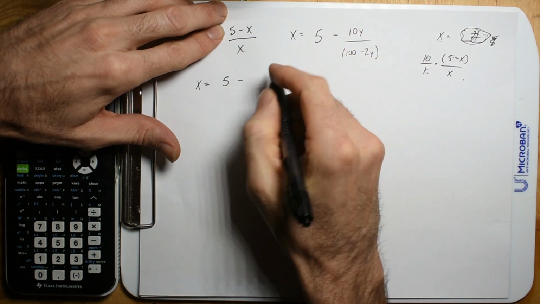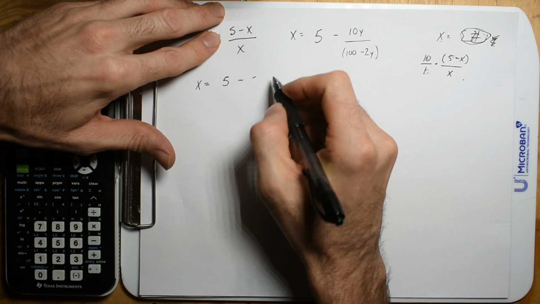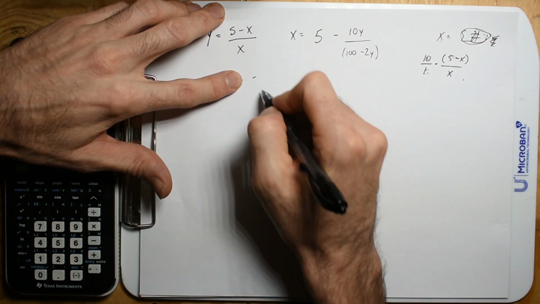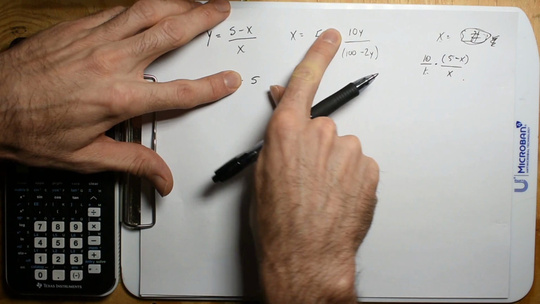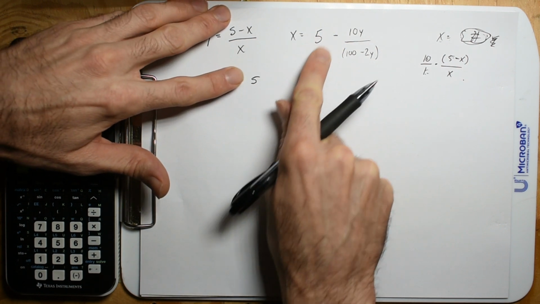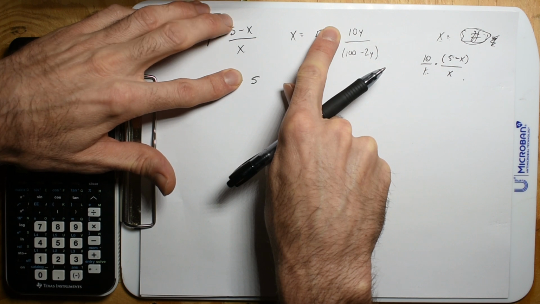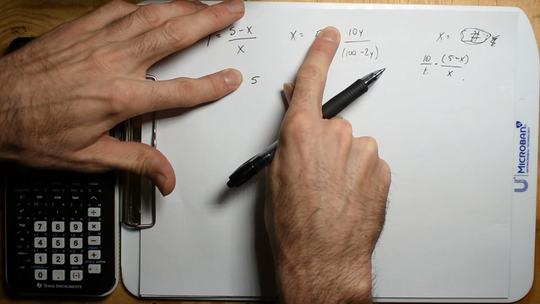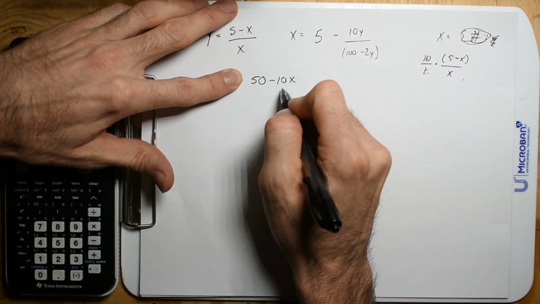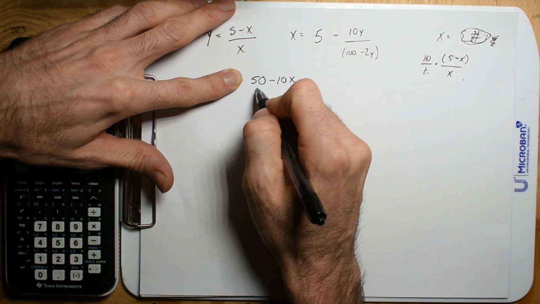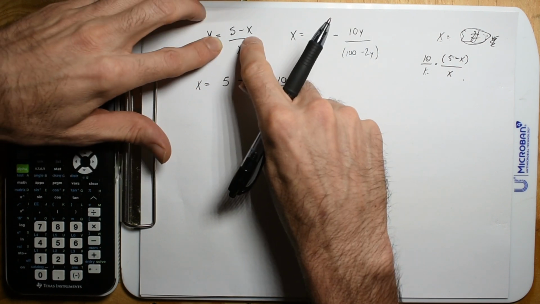So 10 times this, and I've got to think of this as still just a positive 10, so I'm just going to cover up the negative. That's going to be 50 minus 10x. And then we divide that by x. And that's what we had right there.